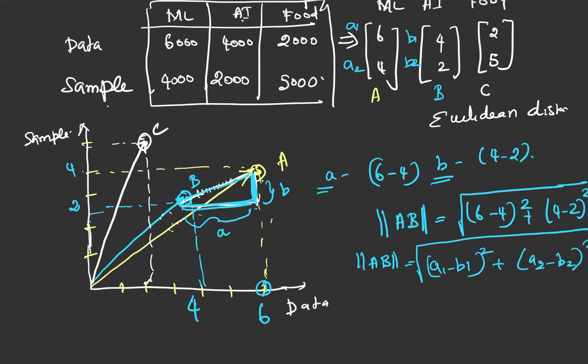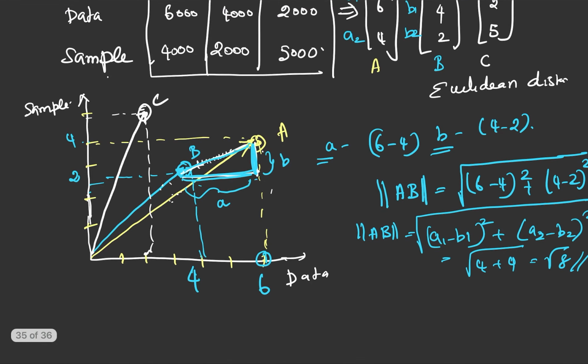And when you simplify this equation, 6 minus 4 is 2, 4 minus 2 is 2, which becomes root 8.